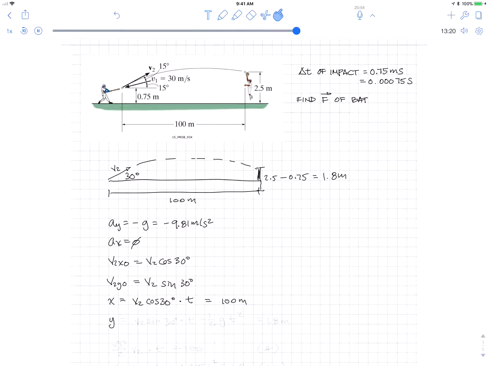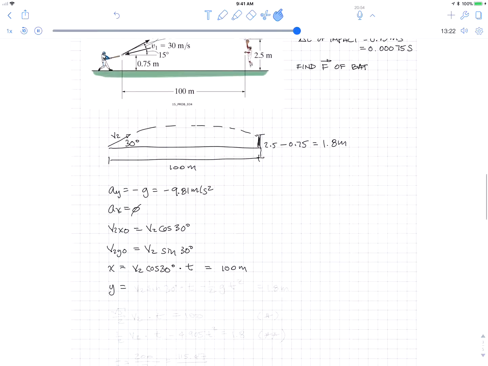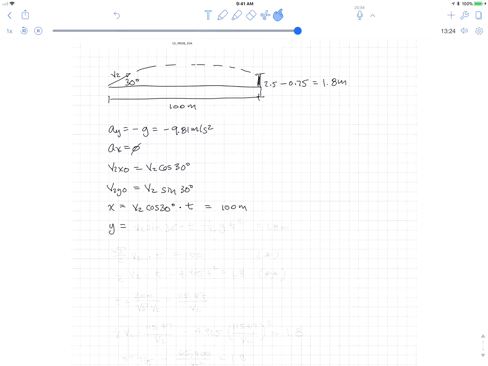The y, which will hit, is given by vy, which is v2 sine 30 degrees times t, and there's an acceleration, so when you integrate that, it ends up being minus 1/2 g t squared, and that will equal 1.8 meters. So let me write everything out.